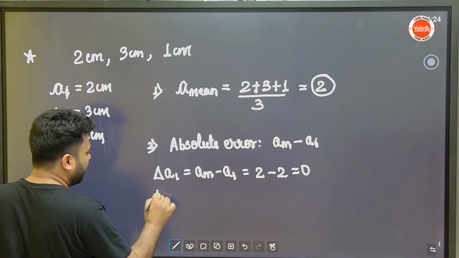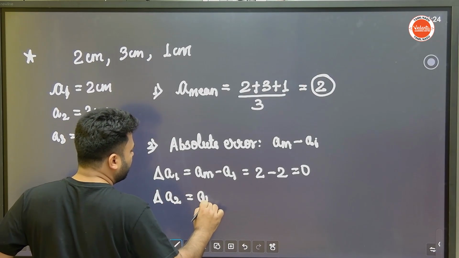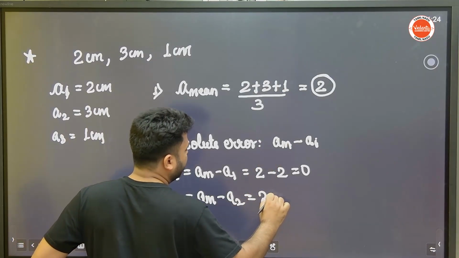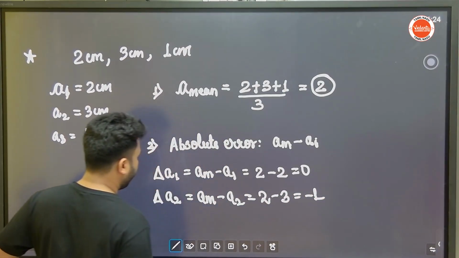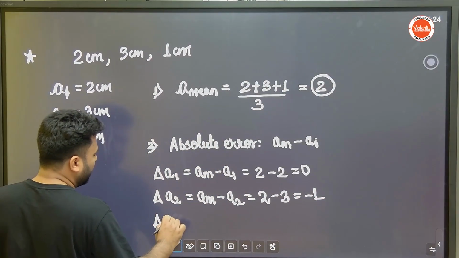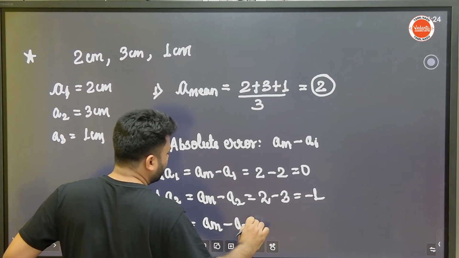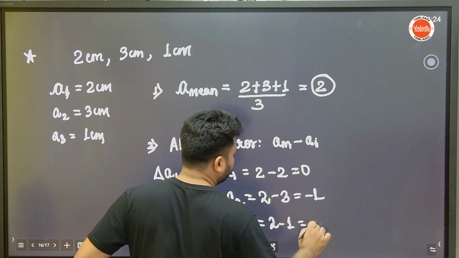If they ask the absolute error in your second observation, again mean value minus my second observation, that is 2 minus 3, we are getting minus 1. What is the absolute error in your third observation? Mean value minus my third observation, that is 2 minus 1, that is 1.